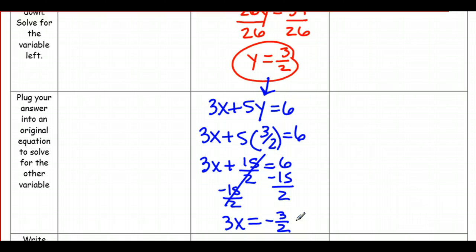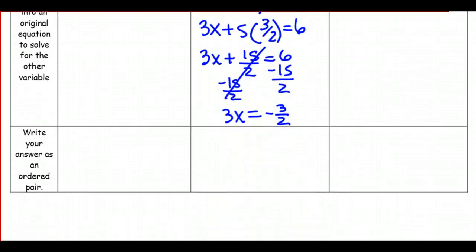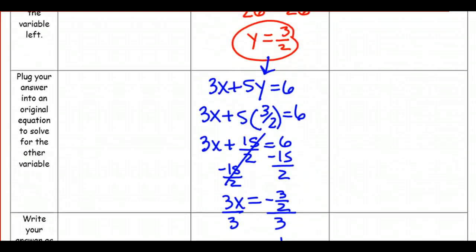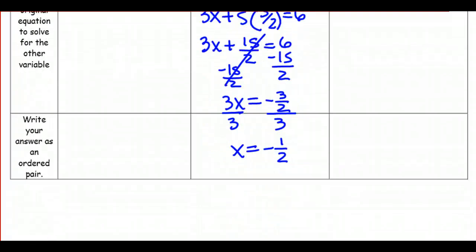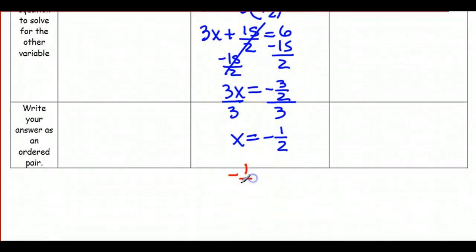And then the last thing we want to do is divide both sides of our equation by 3. So negative 3/2 divided by 3 is negative 1/2. So the solution to this system, x comma y, is negative 1/2 comma 3/2.